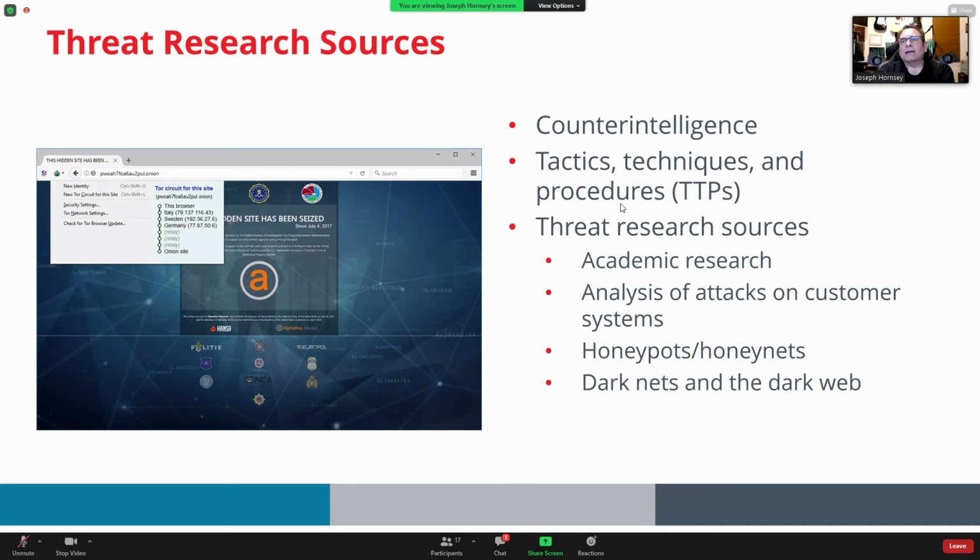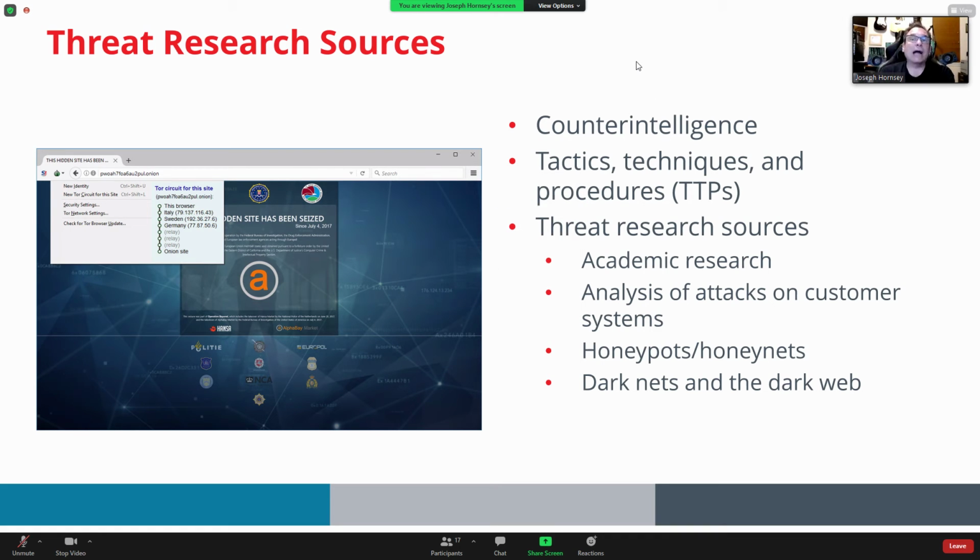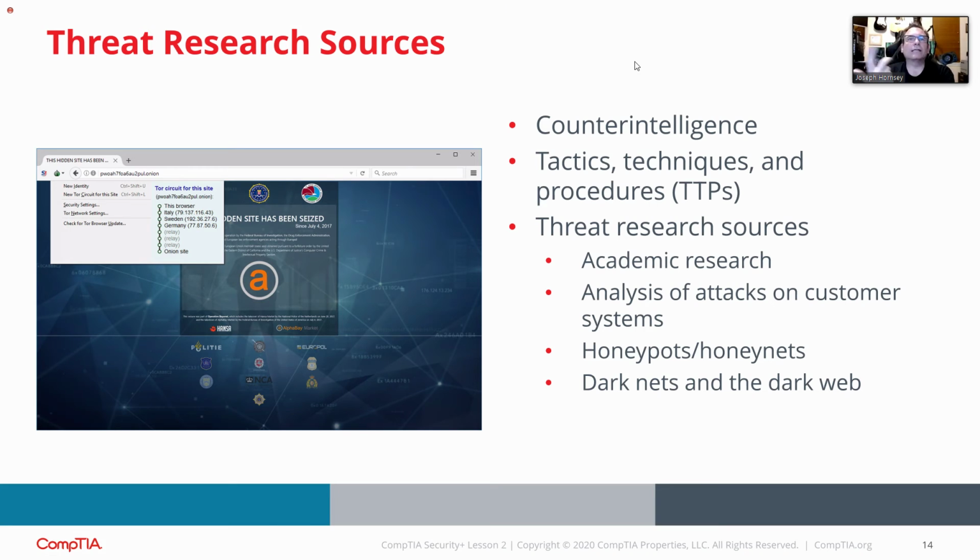So the way that Tor works is you have a lot of systems out there, servers out on the internet. These are put out there voluntarily. And when you connect to them, they will, so let's say that I am using the Tor browser, for example, okay? You can download this. I don't remember off the top of my head exactly where you find the Tor browser. I don't know, Rodney, if you want to throw a link out there.